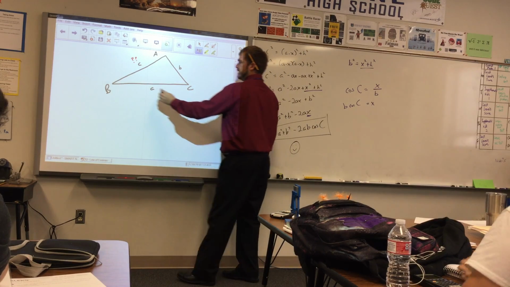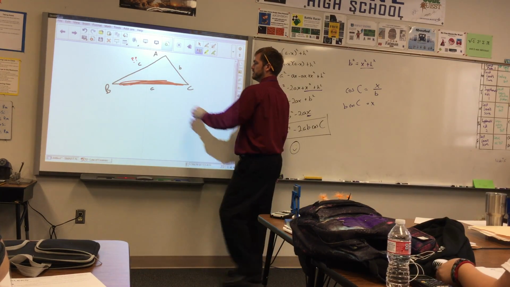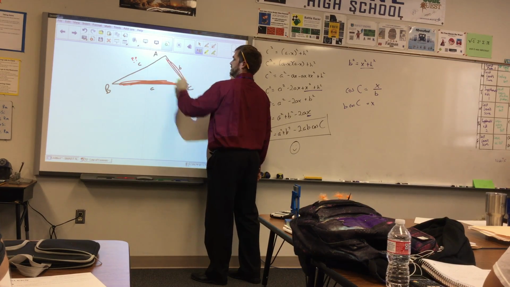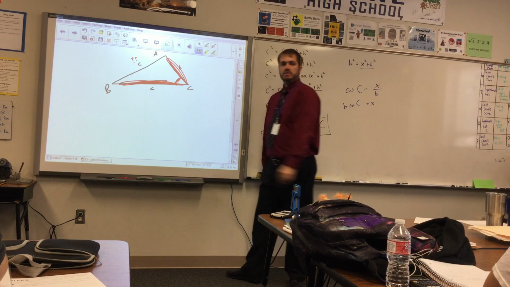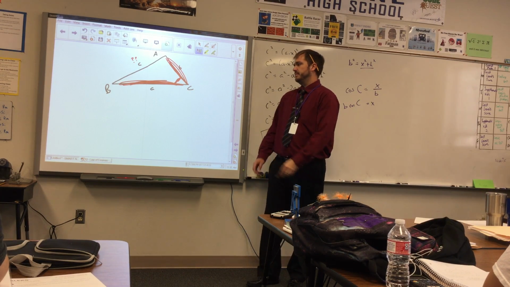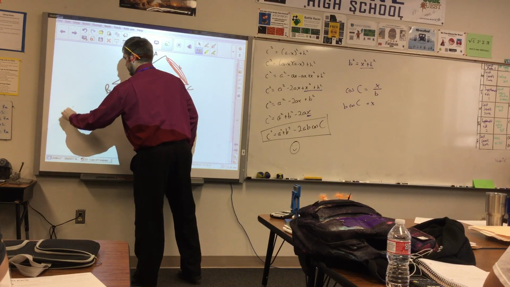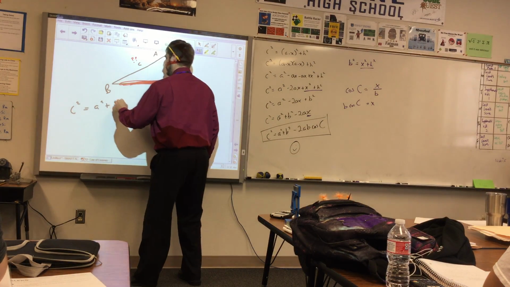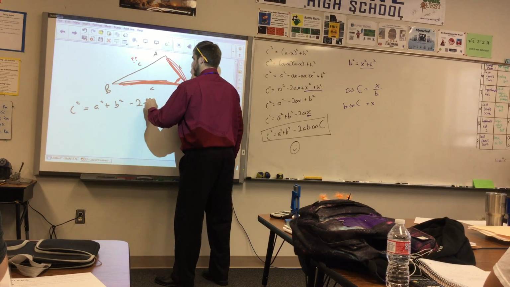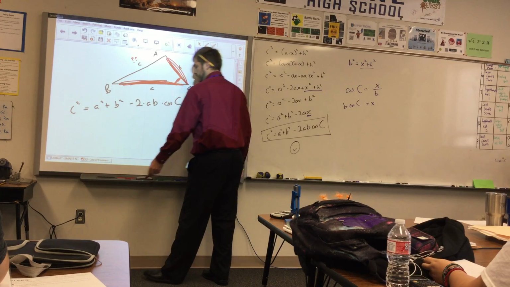And this is a case where I give you a side, a side, and an angle in between them. So c squared equals a squared plus b squared minus 2 times a times b times the cosine of angle C.